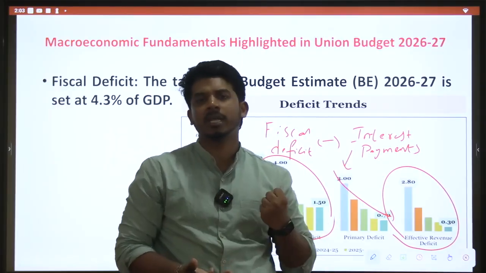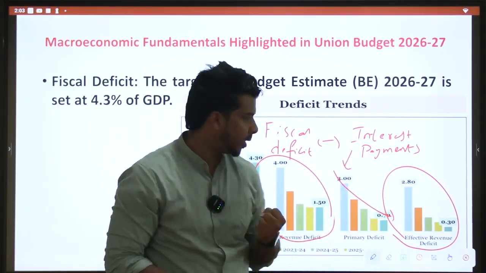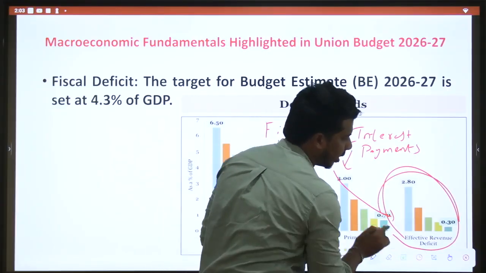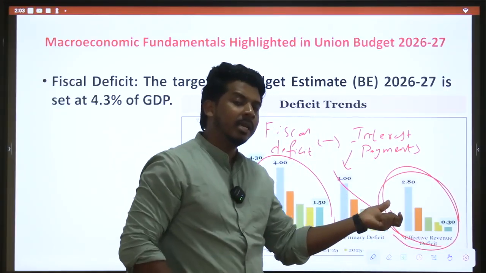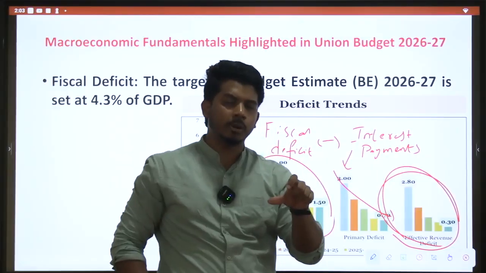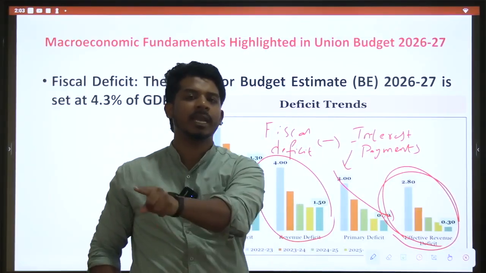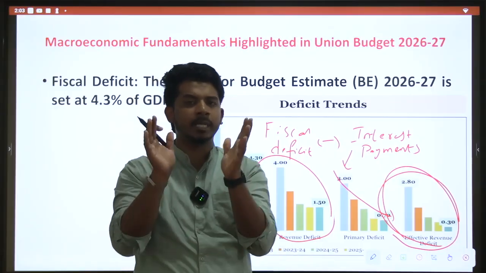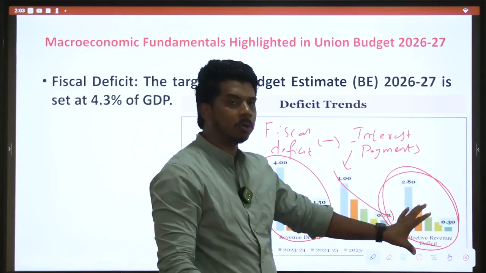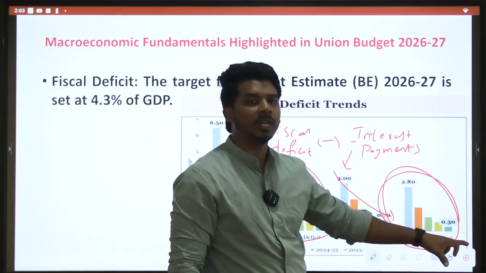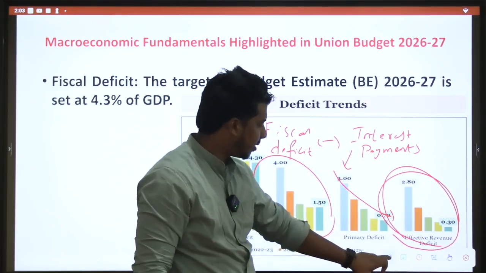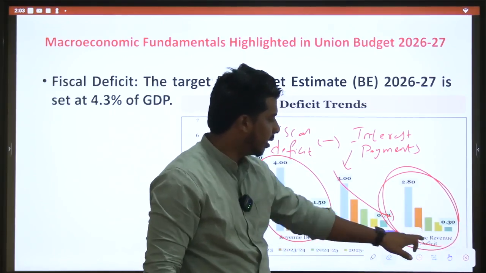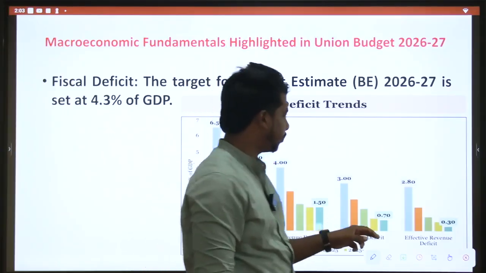So if you take out the grants from this revenue deficit, you will arrive at the effective revenue deficit, because some part of the revenue deficit of the union government is actually used for capital creation by the states. So from the country's perspective it is not bad. You take that out, and you arrive at the effective revenue deficit, which is the actual amount. A more accurate picture of revenue deficit. Okay.